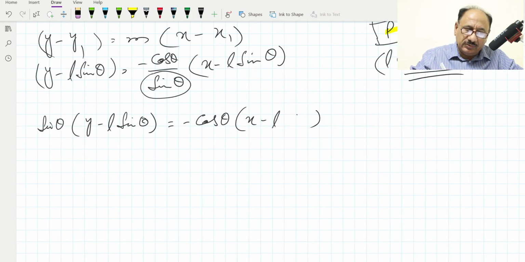Basically, this should be cos theta, not sine theta. So here we have made a mistake. This should be cos theta, and this one should be cos theta, because sine theta we have taken here, cos theta should be here.